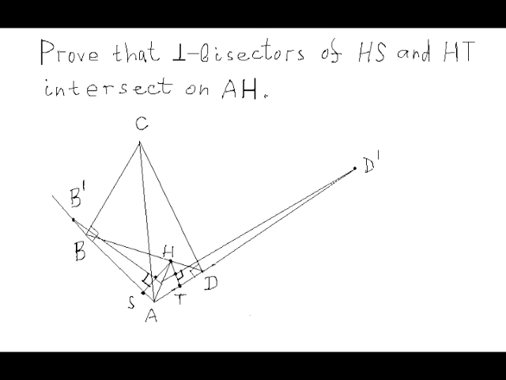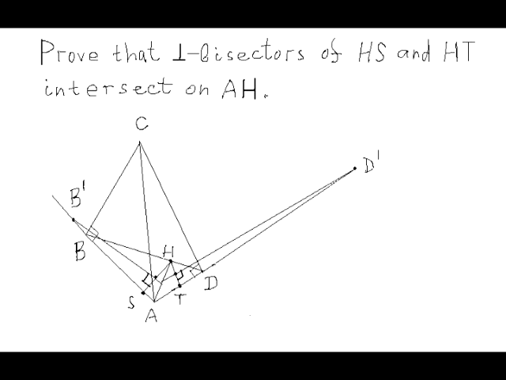Let us draw points S and T on sides AB and AD respectively, as the problem describes, and let's draw perpendicular bisector lines to each of the segments SH and TH until they intersect with their corresponding sides on one end and with the segment AH on the other end.